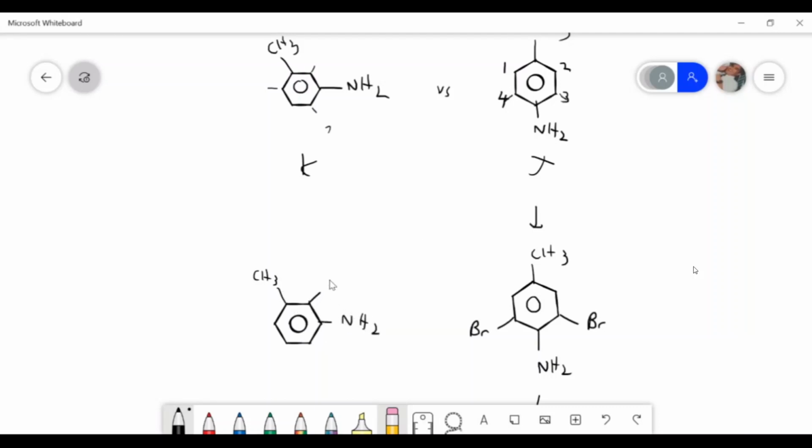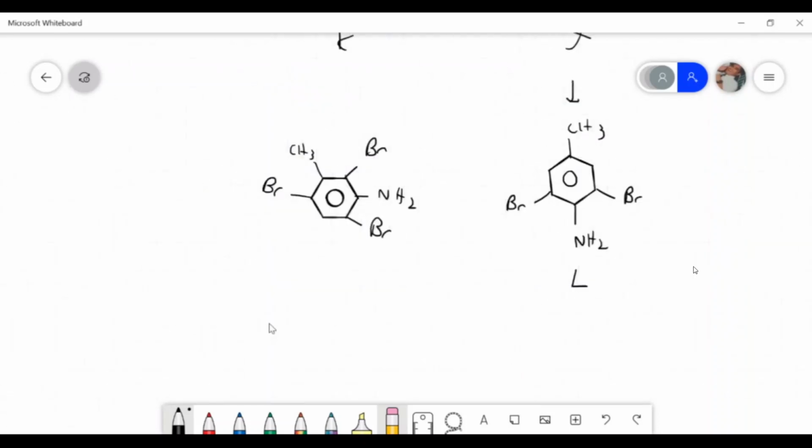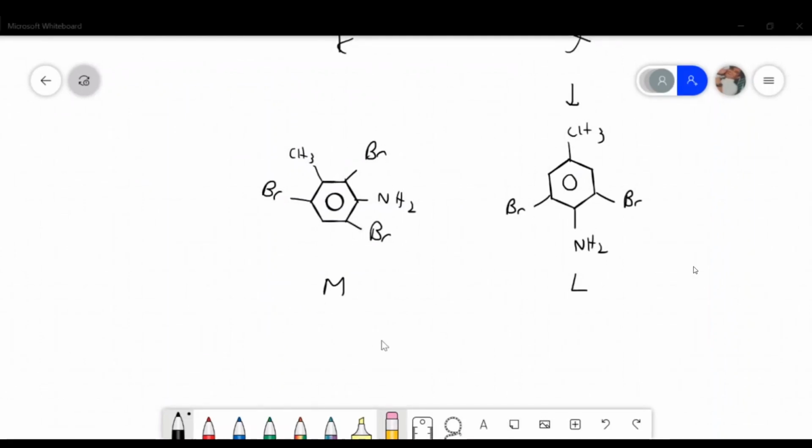So we can occupy the Br at this position, and this position. And that gives us M. Do you guys manage to get these two structures for L and M? Hopefully it's relatively logical. Do you guys get this?